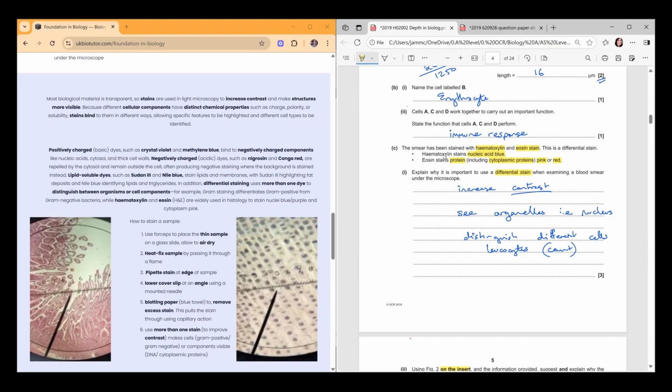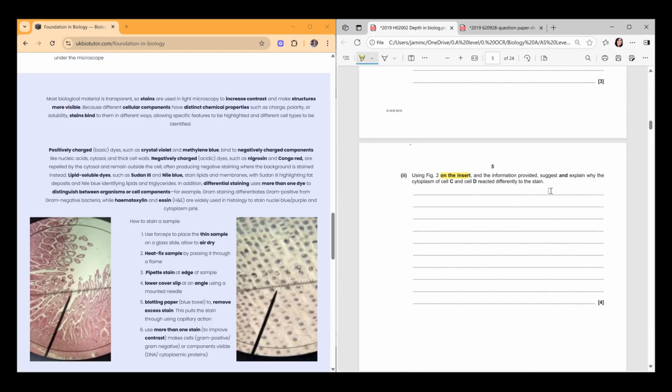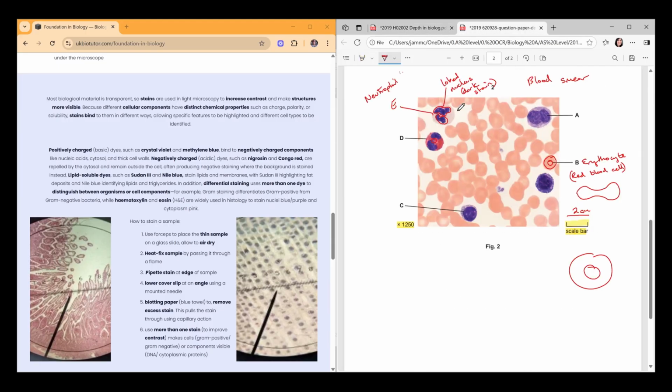So the smear obviously was stained with the hematoxylin and it was stained with the eosin. So what do they actually want us to do with that information provided? Suggest and explain why the cytoplasm of C and D reacted differently to the stain. So the cytoplasm, well, we know we're not talking about the nucleus. This is important.